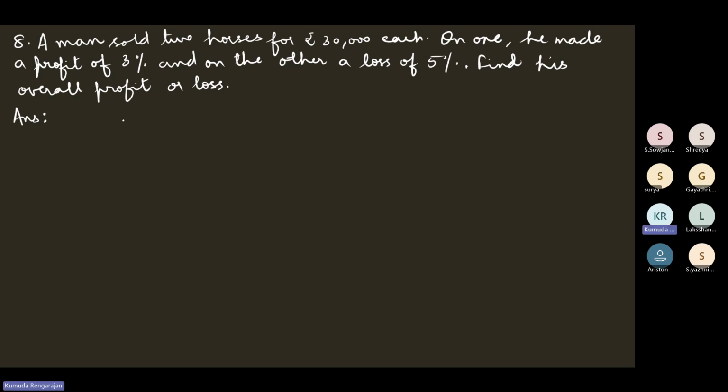So 2 horses for 30,000 each, and a man sold them. So the selling price of 1 horse, SP of 1 horse, is rupees 30,000 because 30,000 each. So SP of 1 horse is 30,000 and the profit is 3%. Please work and tell me the cost price of this horse.